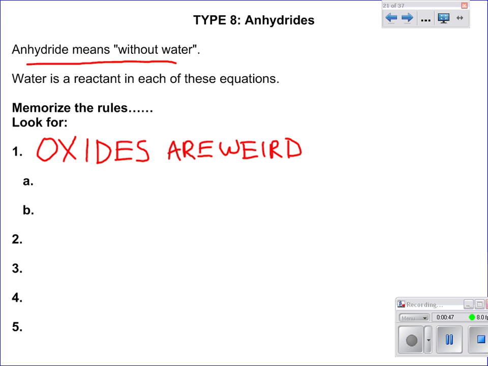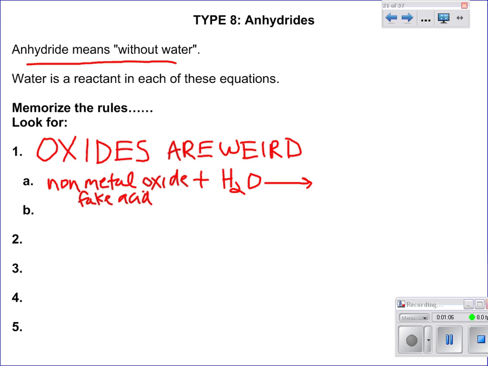So when you have a non-metal oxide, we knew that as a fake acid. Well now, when we add that to water, because it's an anhydride, we know that it makes a real acid.